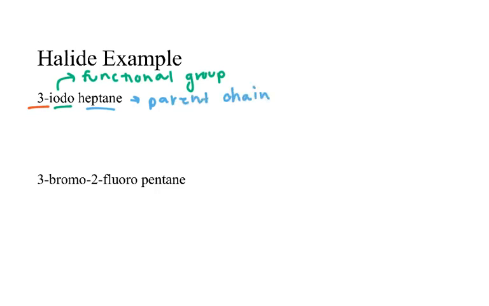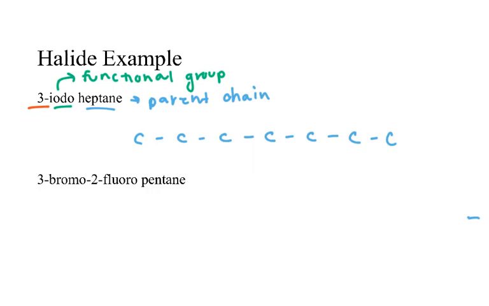So let's start with our parent chain. We have heptane, so we know that's going to be 7 carbons. So we'll do 1, 2, 3, 4, 5, 6, 7. And we have iodo, so that's telling us it's iodine, and it's on our 3rd carbon.